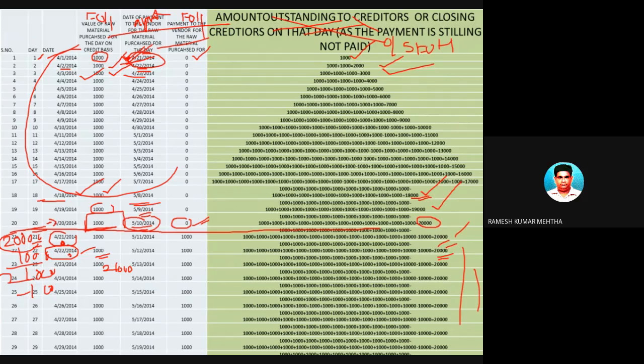However, on 22nd April, the 2nd April amount of 1000 rupees will be paid. So the outstanding amount becomes 20,000 again. If you carry on the same calculations in a similar fashion at any given period of time, the outstanding factory overheads are 20,000 rupees.